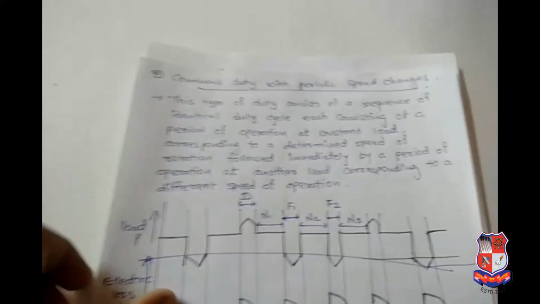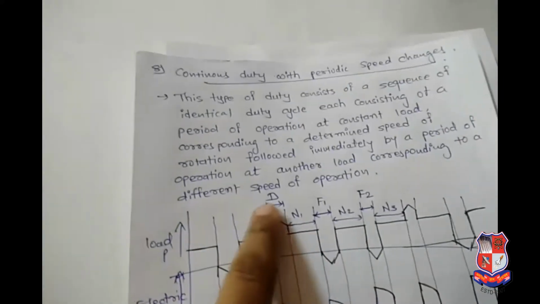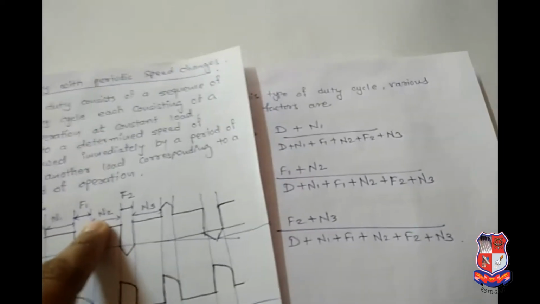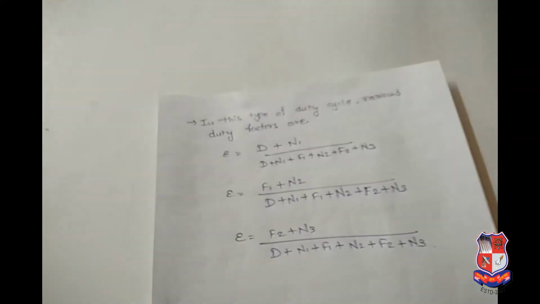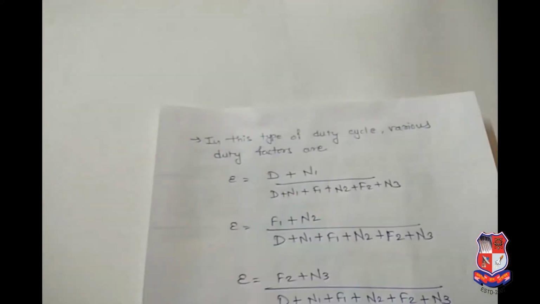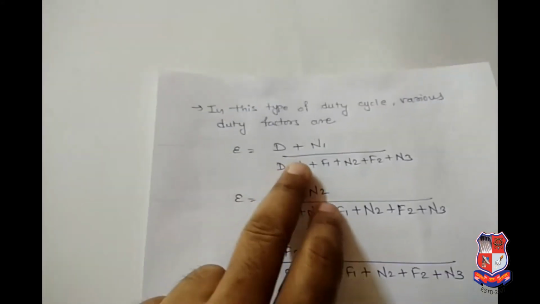And for the heating time we also have different periods: D plus N1, then F1 plus N2, then F2 plus N3. So heating periods are different, and we can make a different duty factor for each. So we make three duty factors.